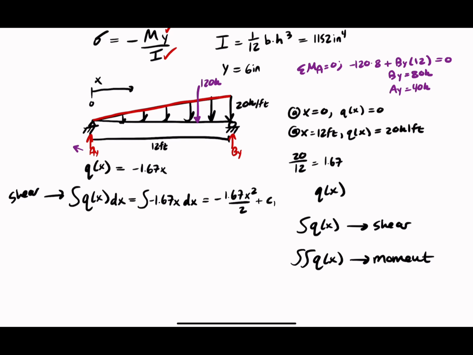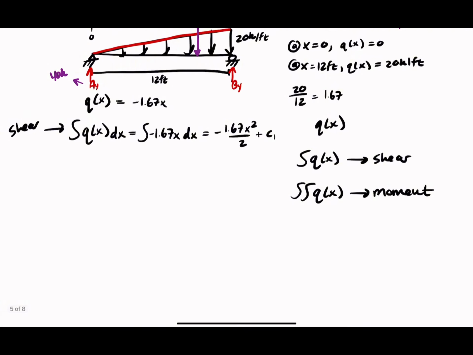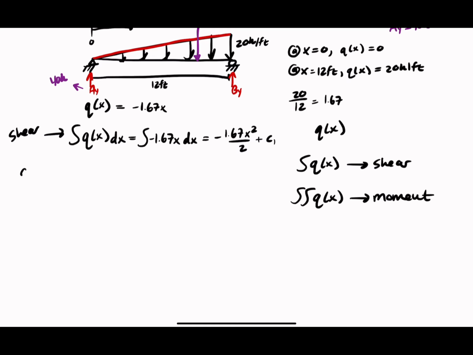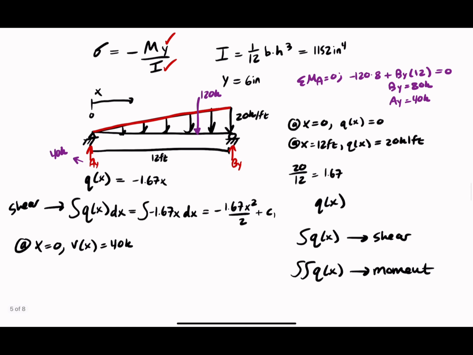So for shear, we know at x equals 0, the shear is equal to 40 kips. We know that because we just proved that the reaction is going to shoot up at 40 kips at 0 feet. We can see that.